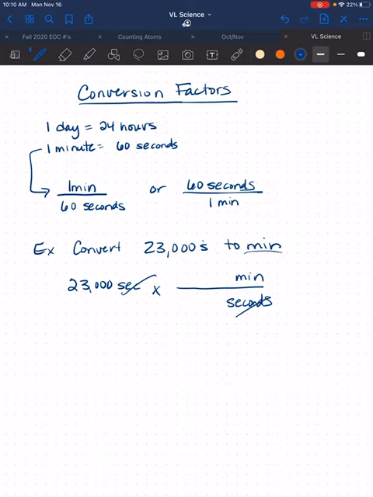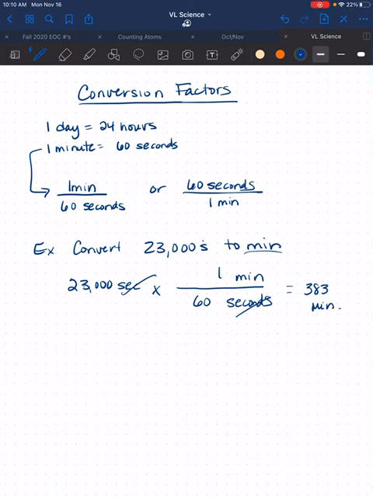Well, we have a conversion factor that takes into account minutes and seconds, and that is what we did right here. We need this one because minutes are on the top in our problem. So we would have 1, and we would put the 60 here, and then we would solve it out. 23,000 times 1, then divided by 60. And we would come up with something along the lines of 383 minutes and some change.